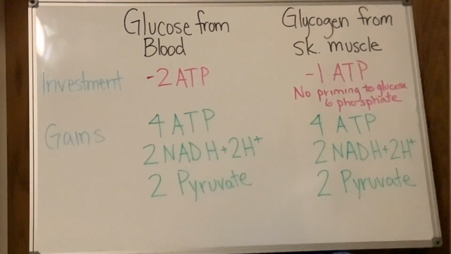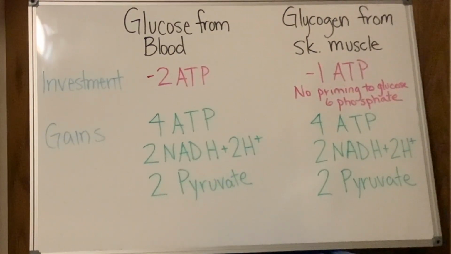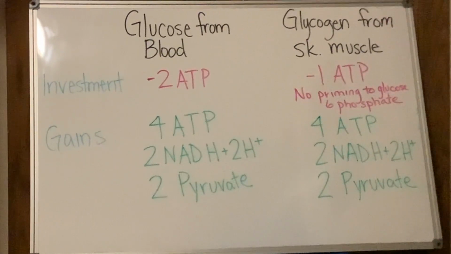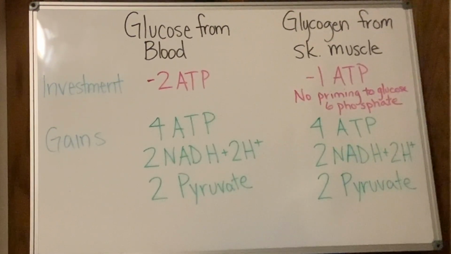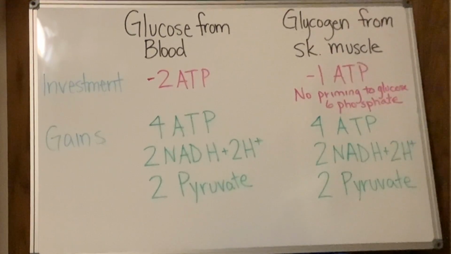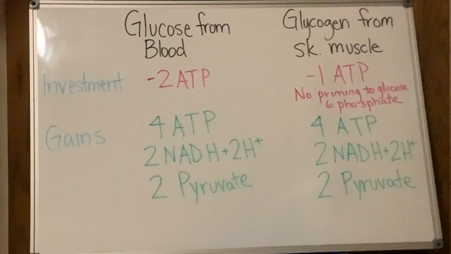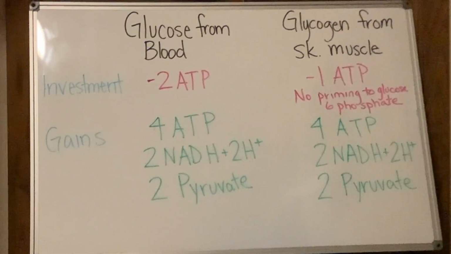In total, when glucose goes through glycolysis, we have 2 different options for net gains depending on where the source of the glucose was from. If the glucose came from the blood, we had to prime glucose into glucose 6-phosphate.